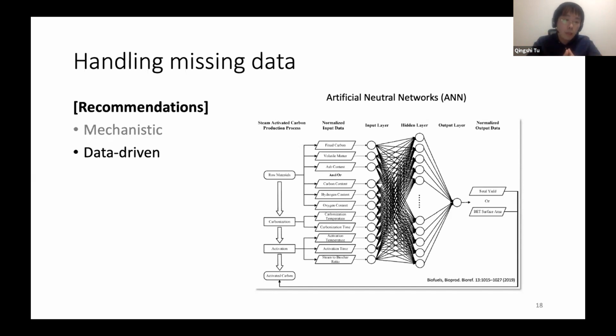Then by collecting a large pool of sample data, you can create this correlation between the input data, which are all those attributes, and the output, which is the yield of the biochar generation. So this is an example of applying machine learning as one of the data-driven approaches to estimate the missing data for your LCA model as well.